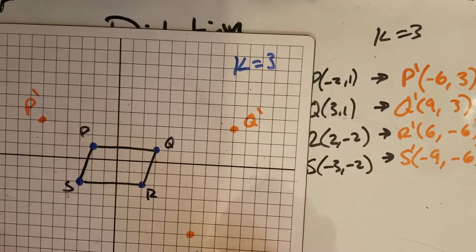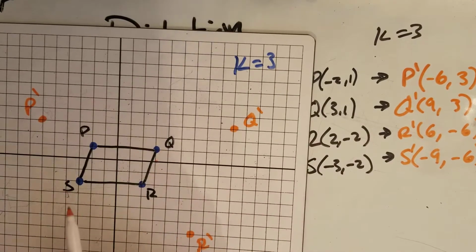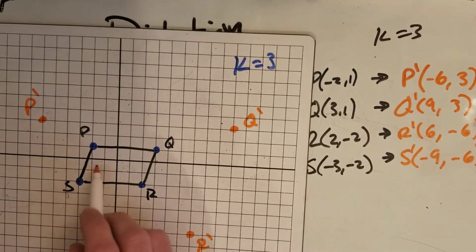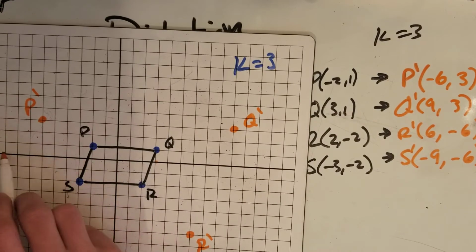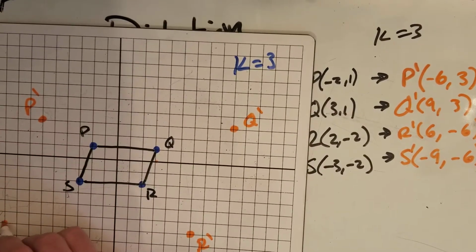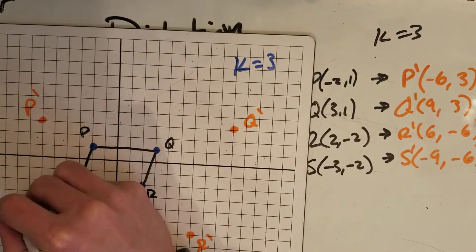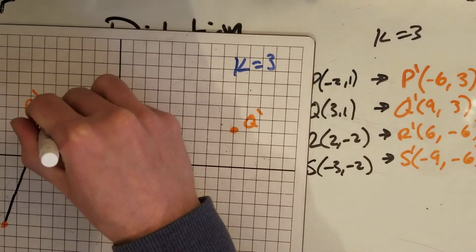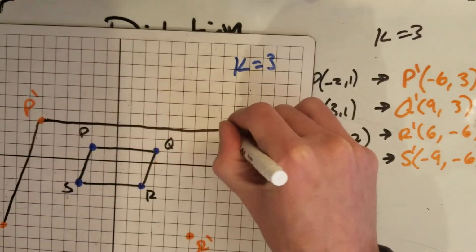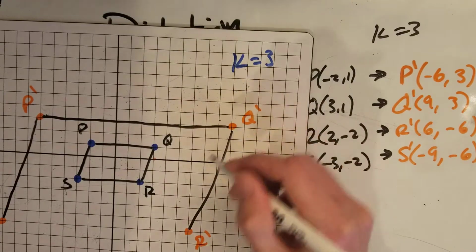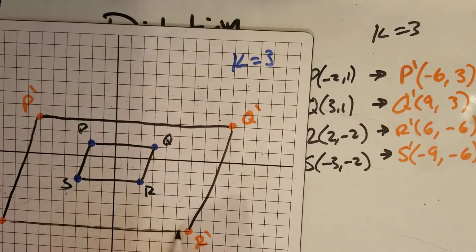Here we go, R prime. And S will be negative 9, negative 6. Here we go. I'm going to go ahead and draw this in, and we'll look into some special things that happen with this. Here's our new shape.